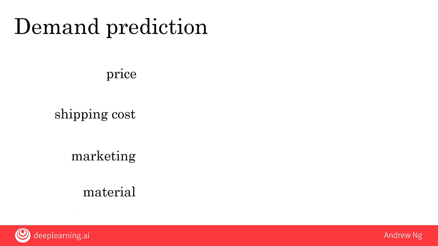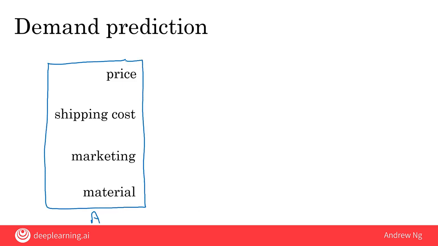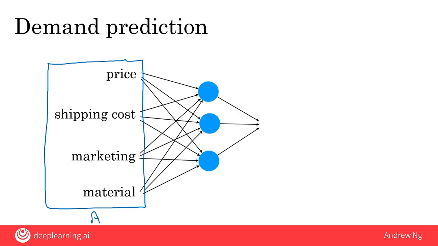So to build a neural network, what you would do is feed it lots of data with the input A and have a neural network that just looks like this, with a few blue neurons feeding to a yellow output neuron. And then you have to give it data with the demand B as well.